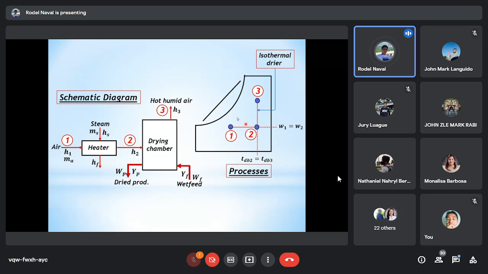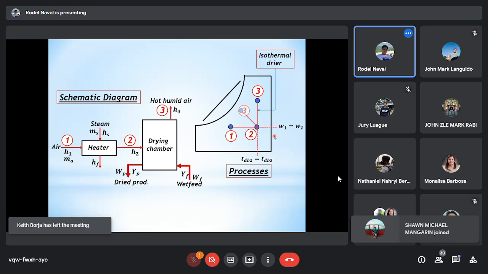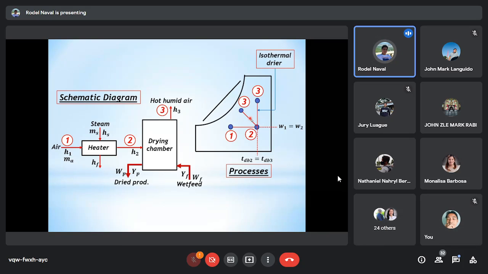So that is quadrant 2. Cooling means going to the left, and humidifying upward. This cooling and humidifying, if it goes along a constant enthalpy line, so the enthalpy is constant, that means adiabatic dryer.